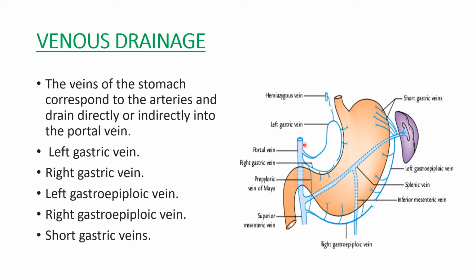The left gastric vein and the right gastric vein drain directly to the portal vein. The short gastric veins and the left epiploic vein drain to the splenic vein, while the right gastroepiploic vein drains indirectly to the portal vein by draining to the superior mesenteric vein.